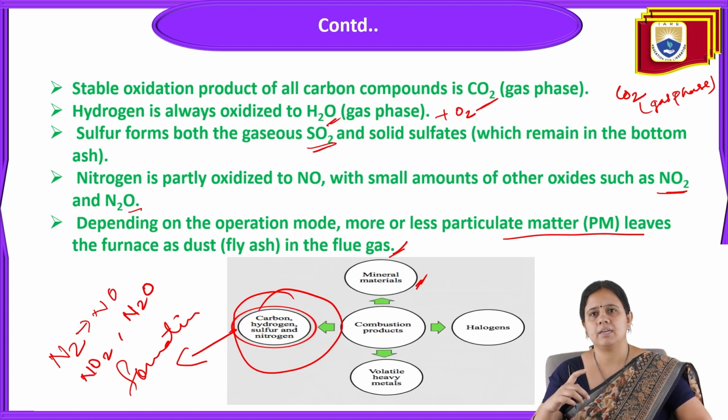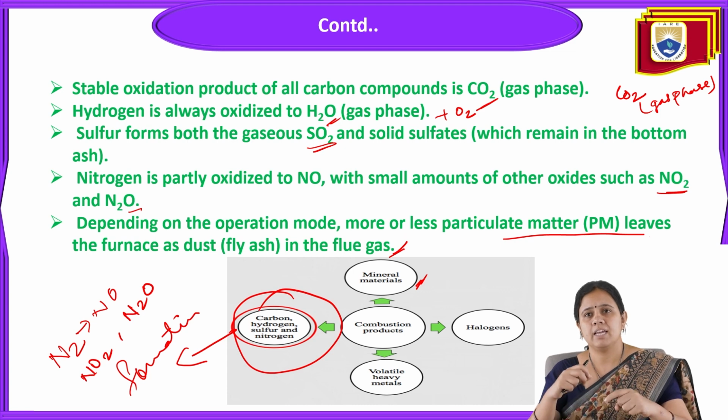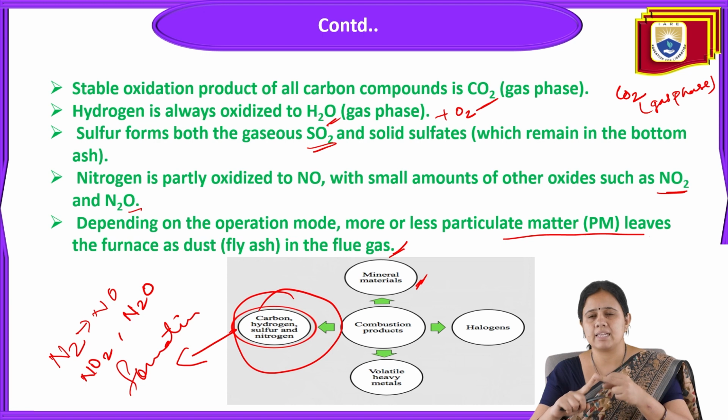Four types of material will form. First is mineral material, which is called lithophilic material, meaning those which are associated with and bonded with the soil. Next, some gaseous substances will be formed because a large amount of oxygen is already there.